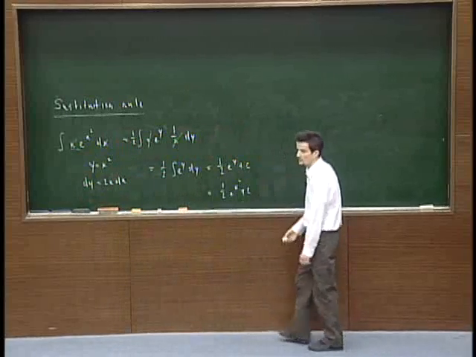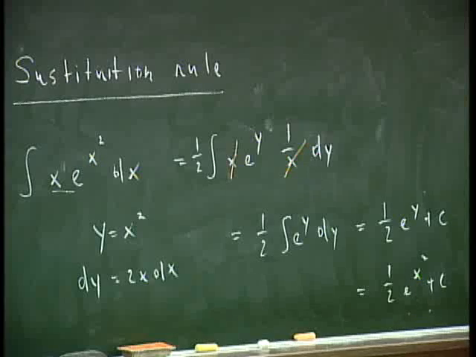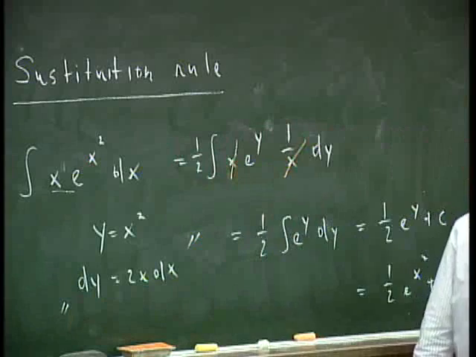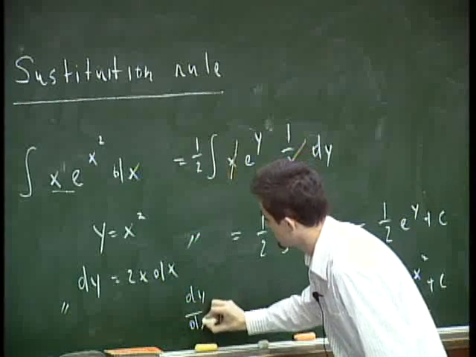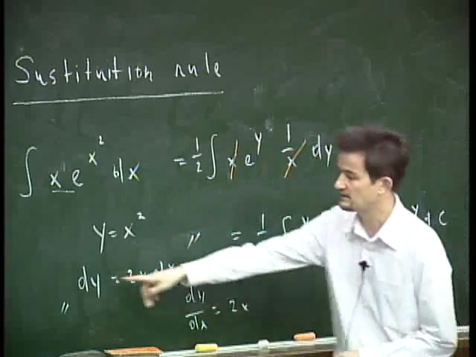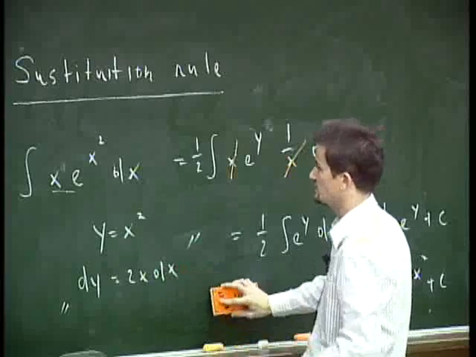Now, of course, this reasoning is completely wrong, okay? Because this does not make sense here. Actually what we mean is that dy over dx is equal to 2x, and this is not a fraction, so we are not allowed to write this like this. So this is kind of not really correct.